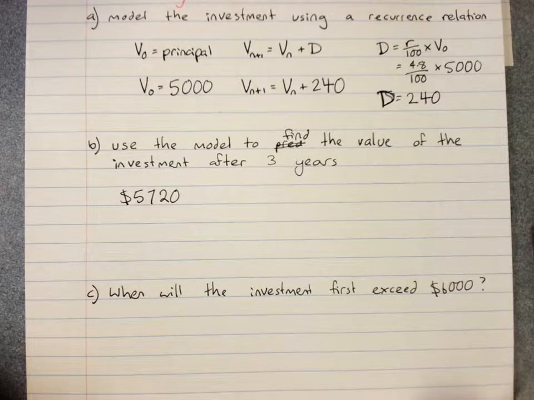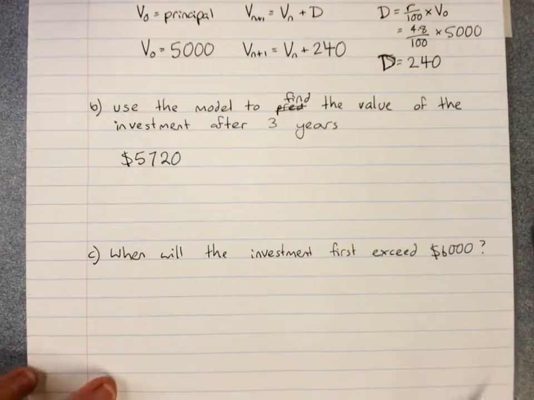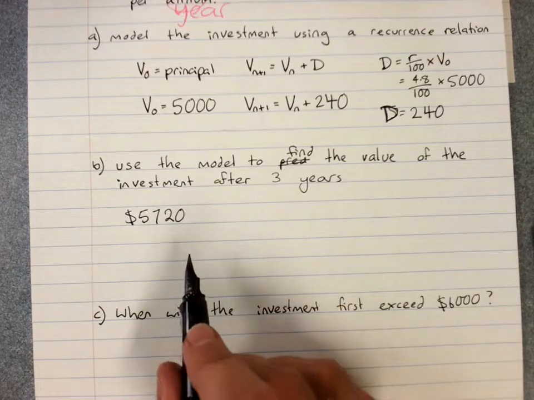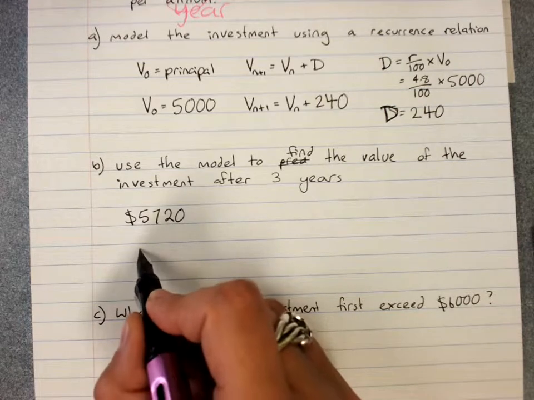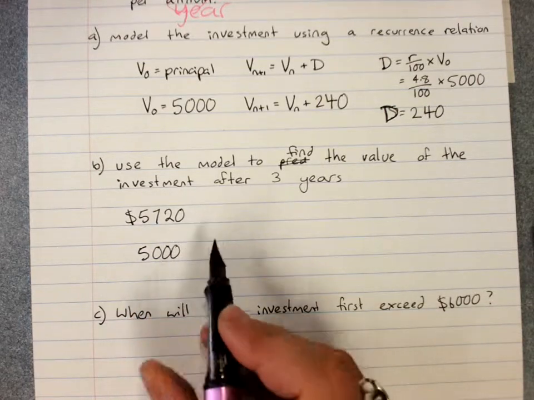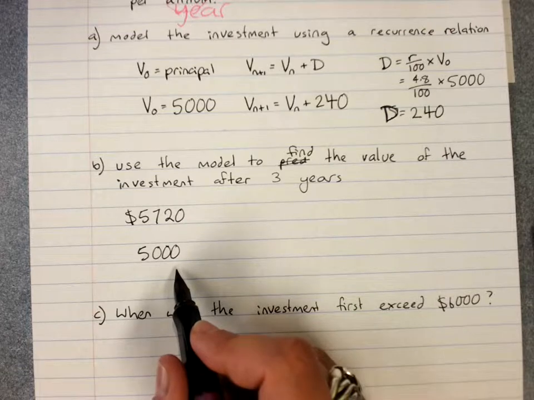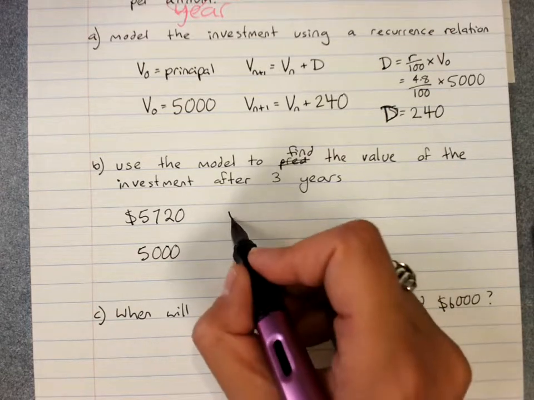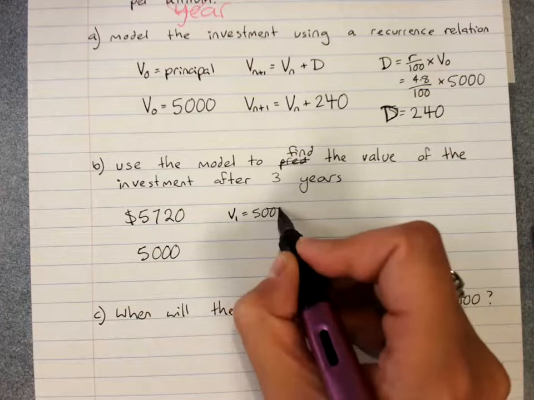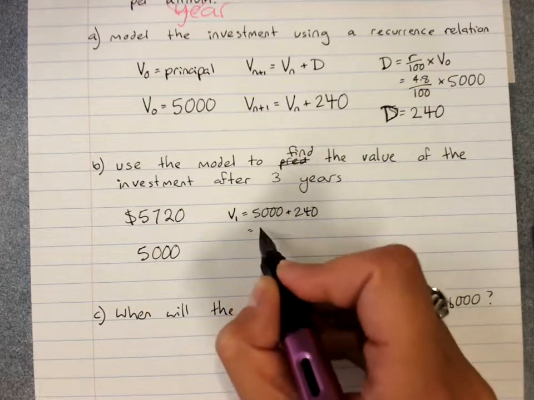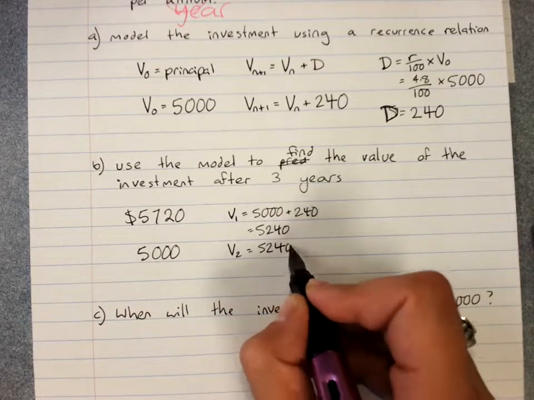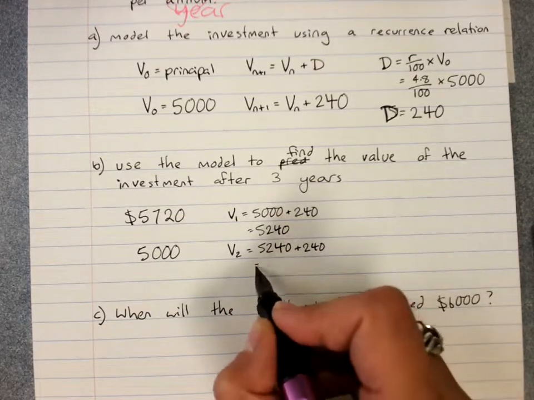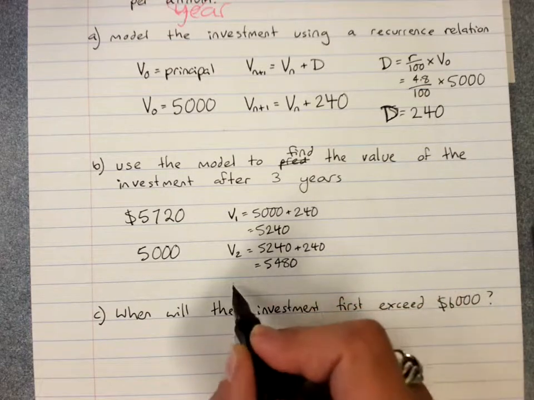If you've worked that through on the calculator, that's fine. To show proper working, if you had the time in the test, start with 5,000. So V1 is 5,000 plus 240, 5,240. V2 is 5,240 plus 240, which is 5,480.